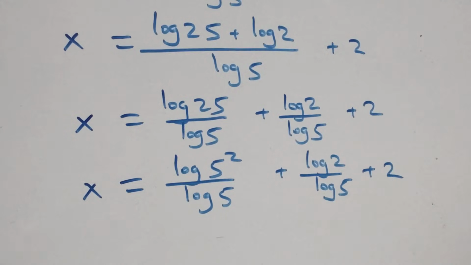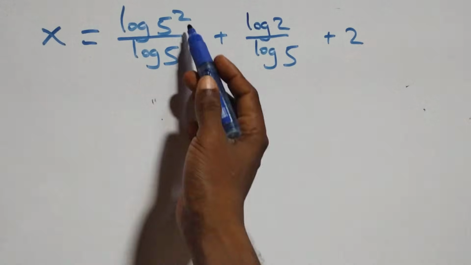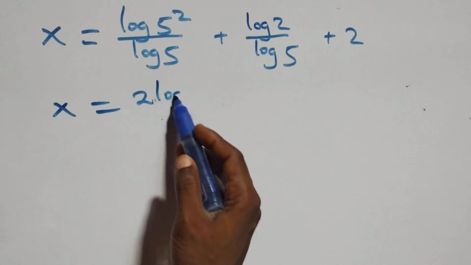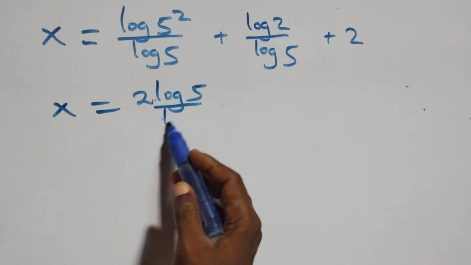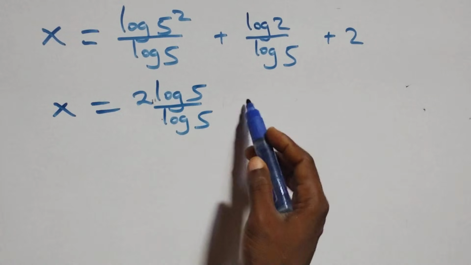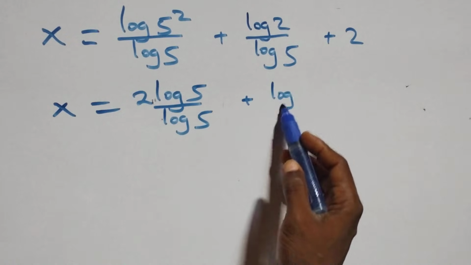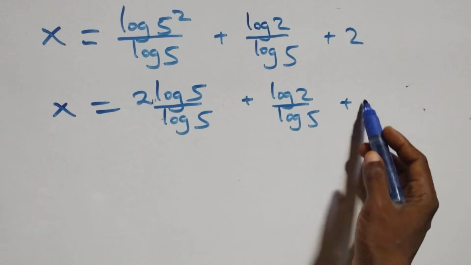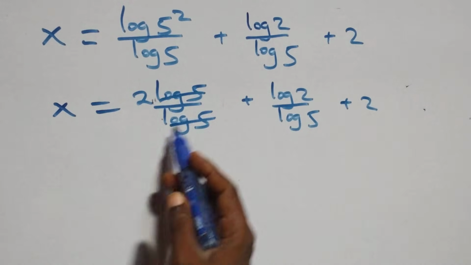That is, here we apply the power law of logarithm. That is, 2 comes here, and we have x equals 2 log 5 over log 5 plus log 2 over log 5 plus 2. That is here log 5 cancel each other. We have 2 left.